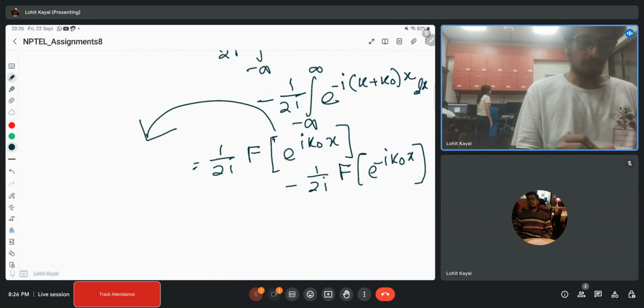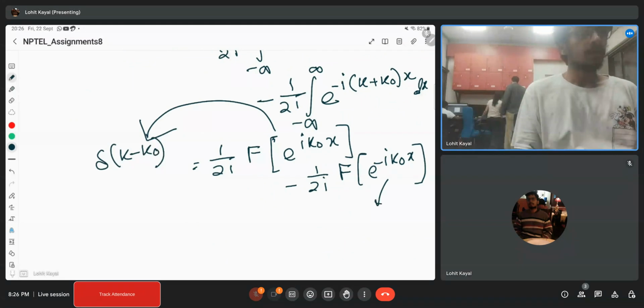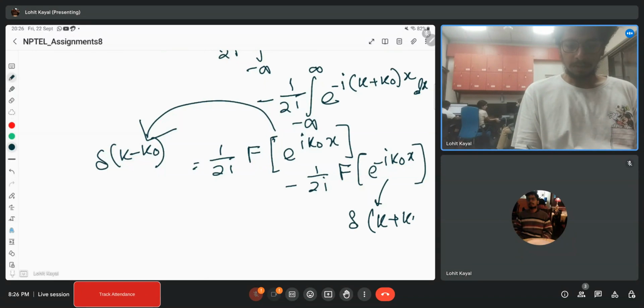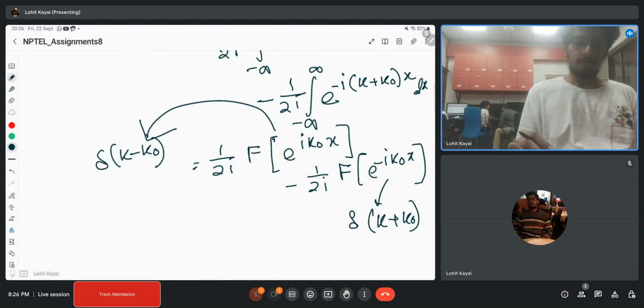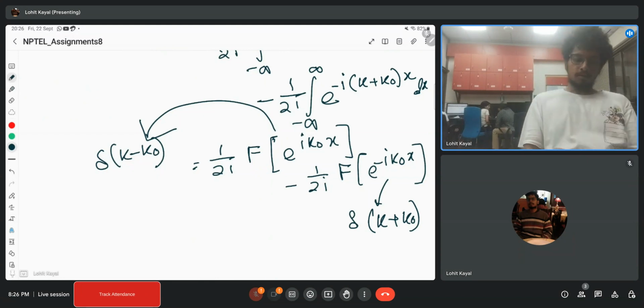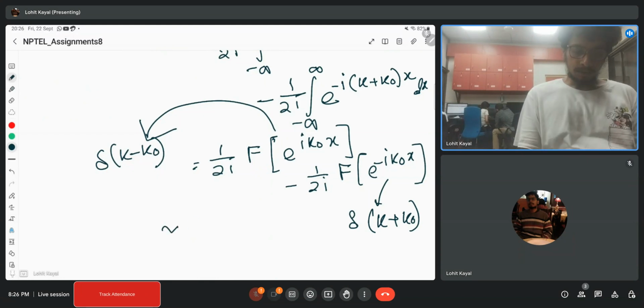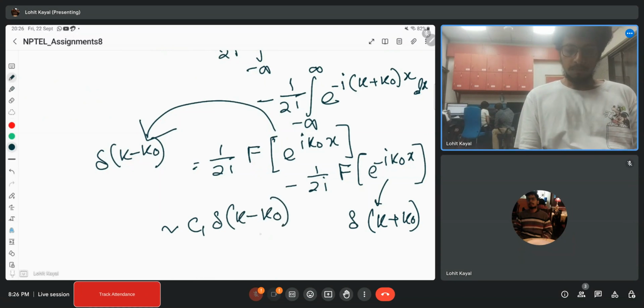This value is proportional to delta of k minus k naught, and this value is proportional to delta of k plus k naught. There will be some prefactor of square root of 2 pi, so we can write it as some constant c1 delta k minus k naught plus some constant c2 delta k plus k naught.